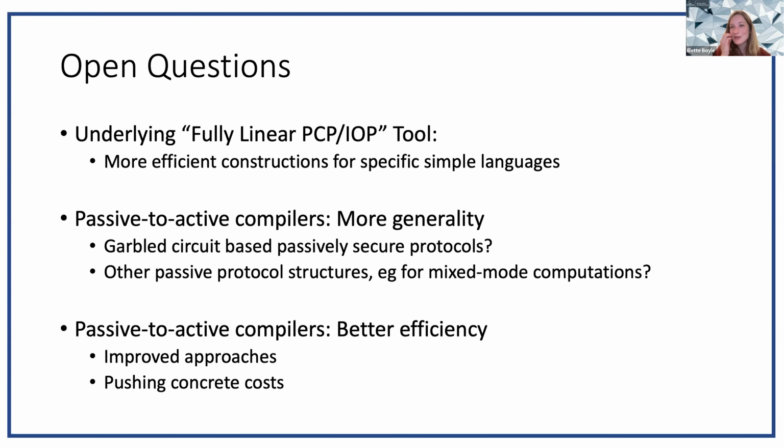And let me just say that there are a lot of really interesting open directions still to follow, including trying to increase generality, and different types of base protocols, for example, based on garbled circuits. We have no idea how to approach this.